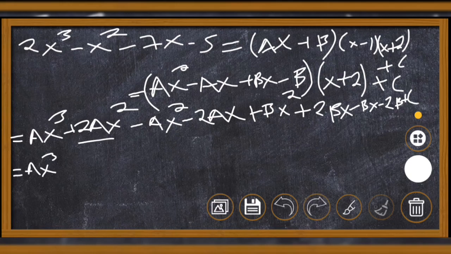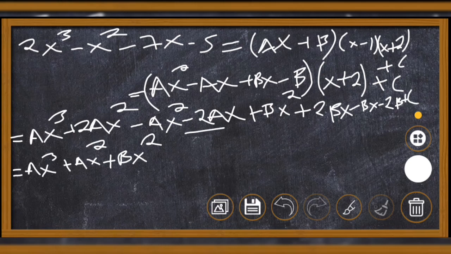In this case, 2ax^2 minus ax^2 is simply ax^2. Okay, so let me just write them in order.